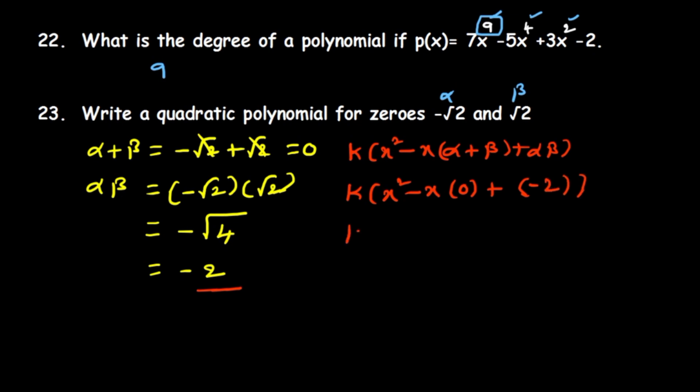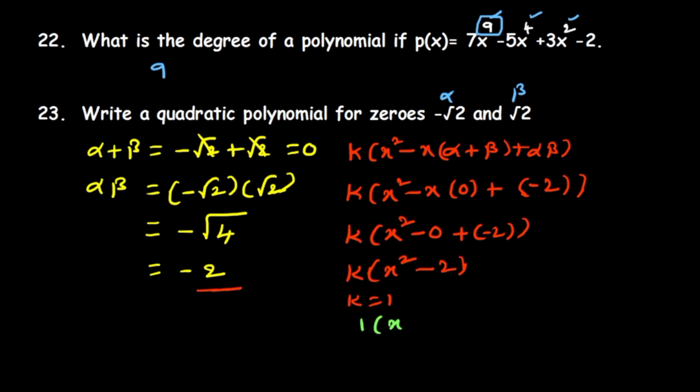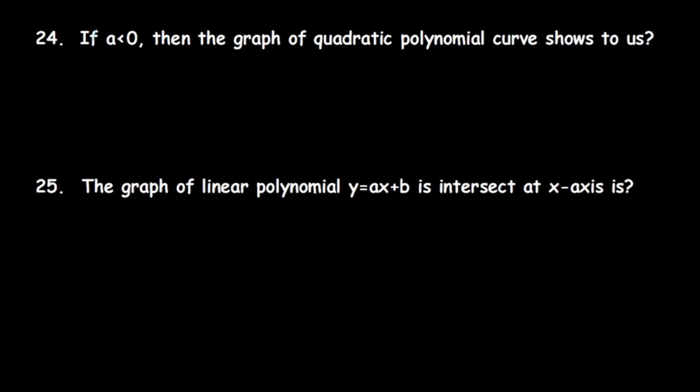Then k into x square minus x into 0, plus of minus 2. So in the next step we write k into x square minus 2. As usual we take k equal to 1. After taking k equal to 1, what do we get? 1 into x square minus 2, finally our answer is x square minus 2.